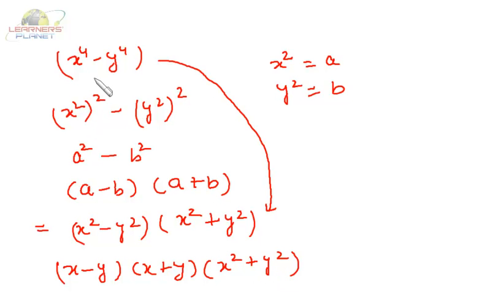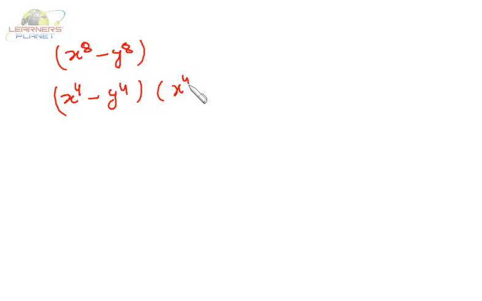Similarly, we find the factors of x raised to 8 minus y raised to 8. Say it is x raised to 8 minus y raised to 8. Now, I'll not be showing the expansion. I'm just doing it directly. Just halve the power, with one plus and one minus.